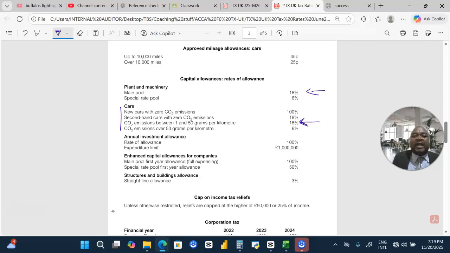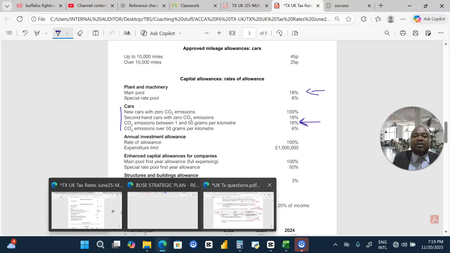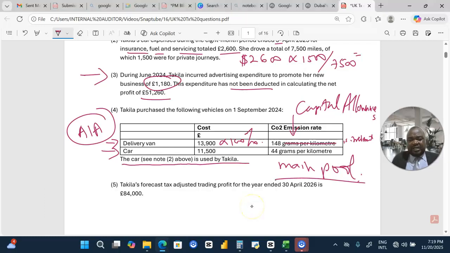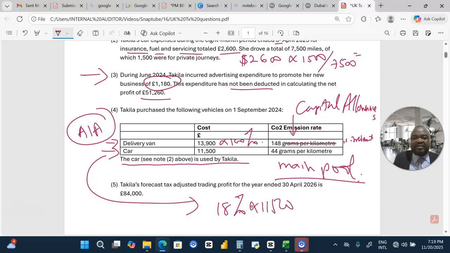Okay, so 18% is the rate we are going to use, ladies and gentlemen, as we do our computation to determine how much capital allowance should be awarded to this particular car. So that's 18% multiplied by 11,500 multiplied by the business part of the expenditure.